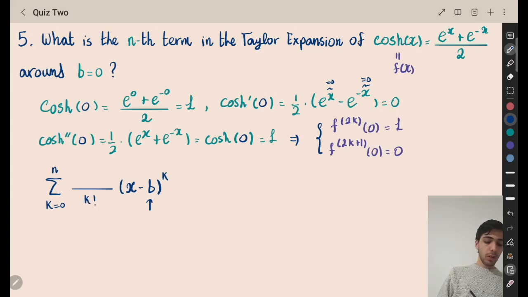We're always dividing by k factorial, and on top we have the derivatives. So the derivatives determine the coefficients of this polynomial. But not just the derivatives, we need to evaluate them at our point b. So b is equal to 0. This is already something we know. I'll just write x.